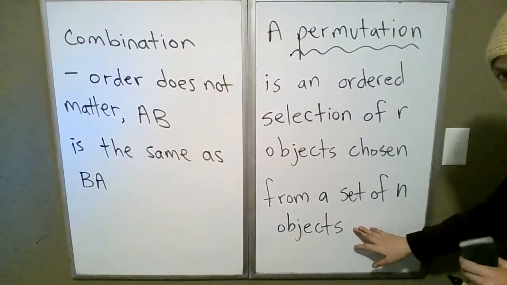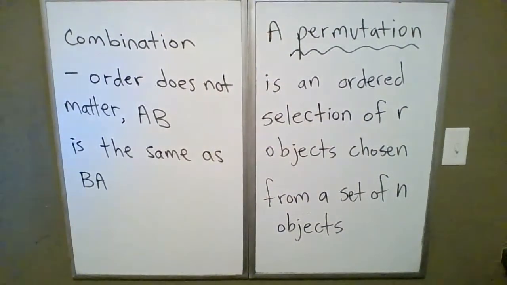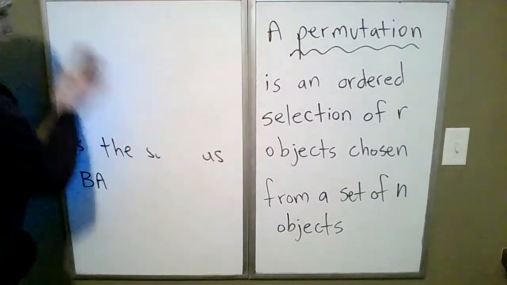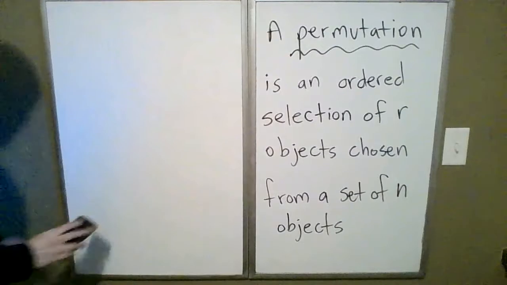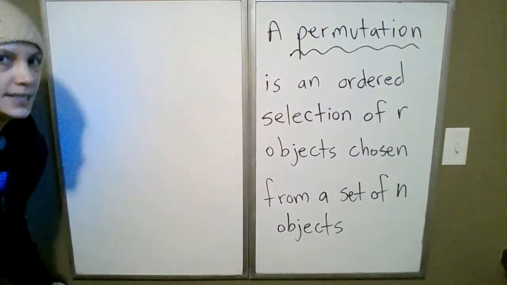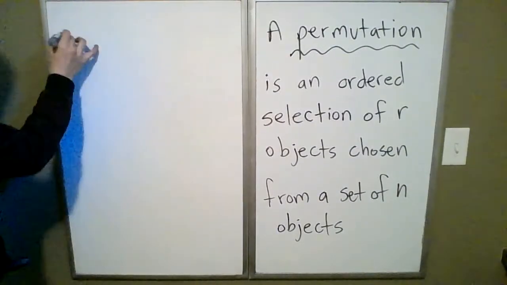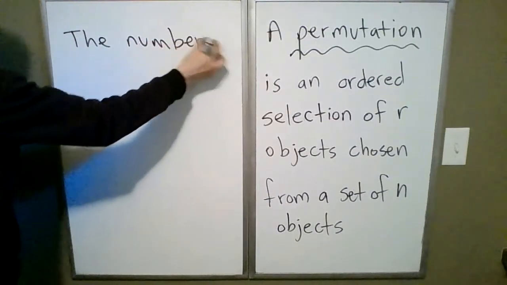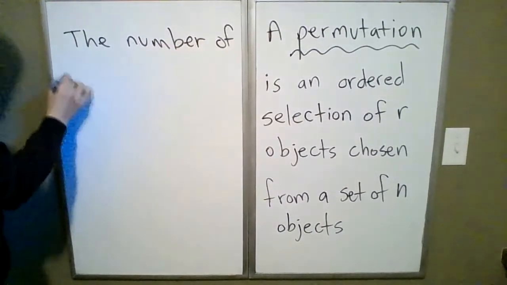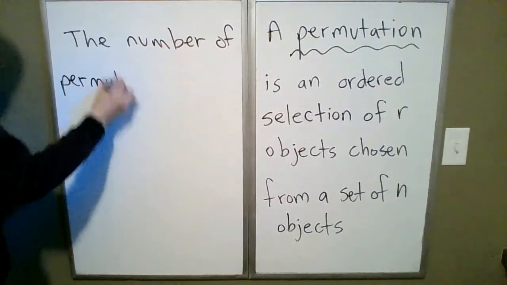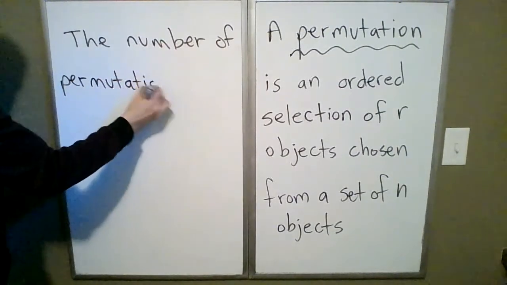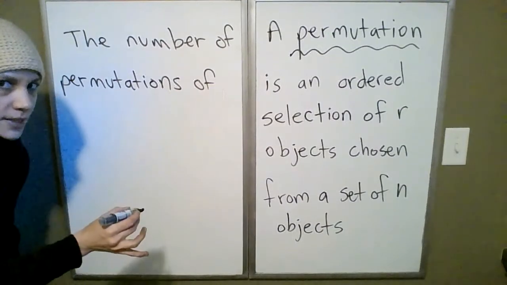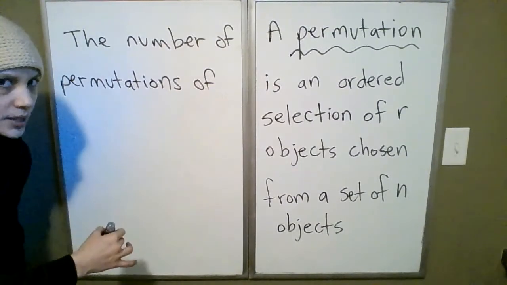For the notation and the formula, we're going to find the number of permutations of the R objects chosen out of N objects.